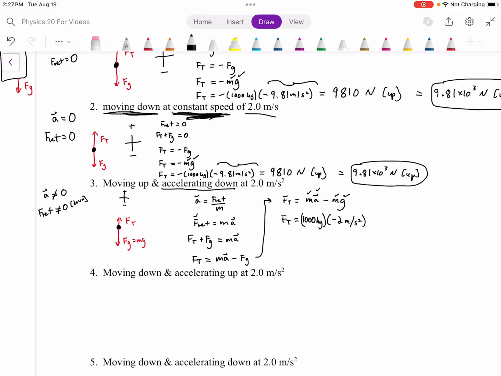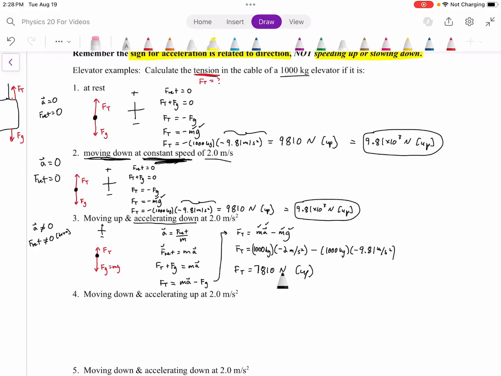So I'll put in a negative: minus 1,000 kilograms, and acceleration due to gravity is also negative because it accelerates you downwards. So being very careful with my negatives on my calculator here, we're going to have a negative minus another negative. I got that the force of tension would be 7,810 newtons, a positive, so up.